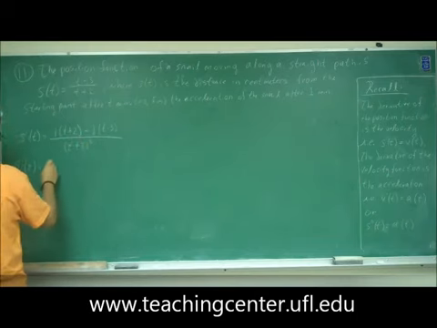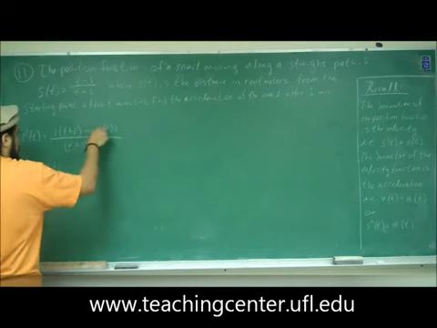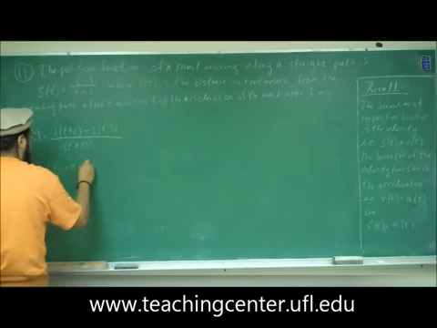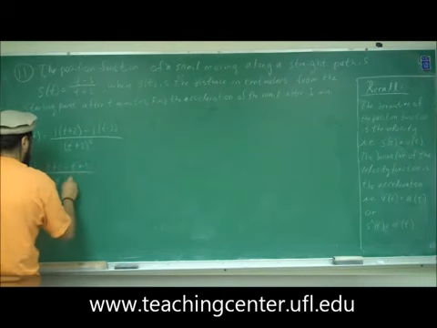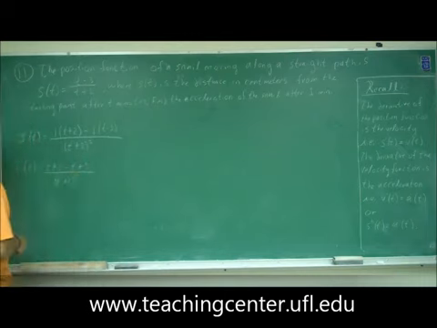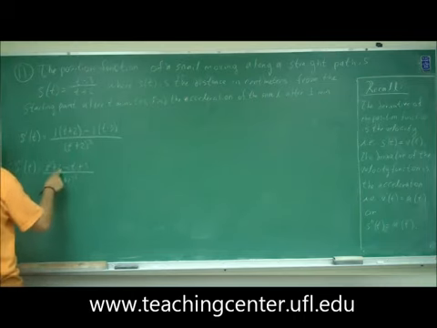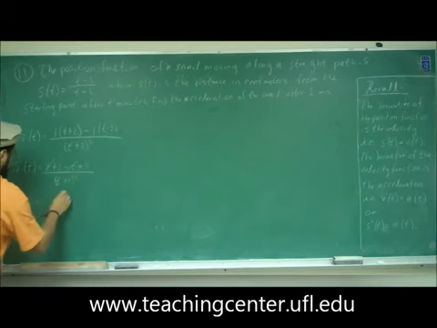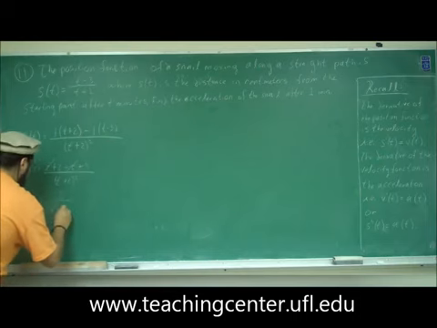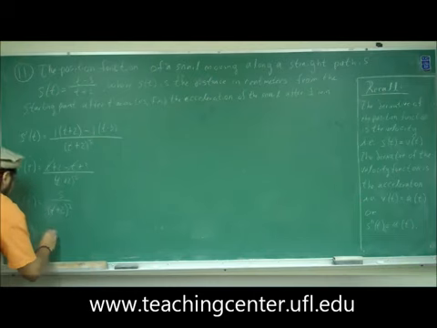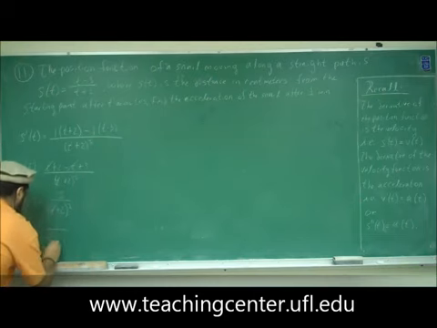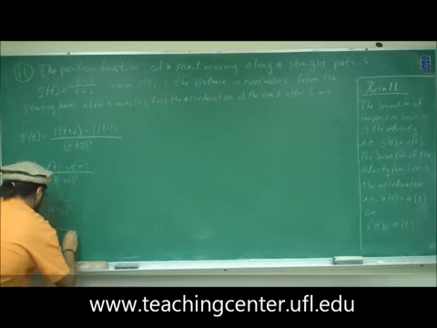Let's just rewrite this: t + 2, distribute the negative, that's minus t, plus 3, divided by (t + 2) squared. The t cancels with this t, we obtain 5 here, so S'(t) is equal to 5 divided by (t + 2) squared. So this here then is the velocity. v(t) is then equal to 5 divided by (t + 2) squared.